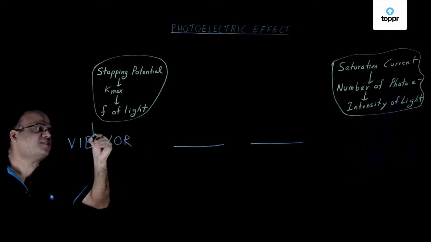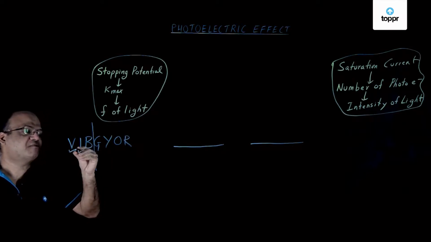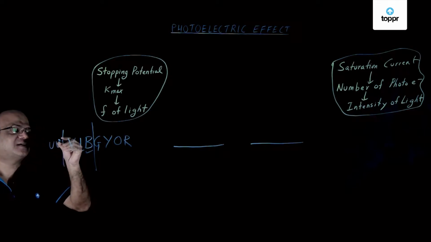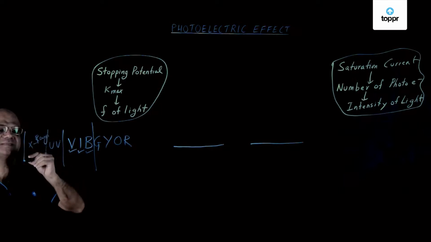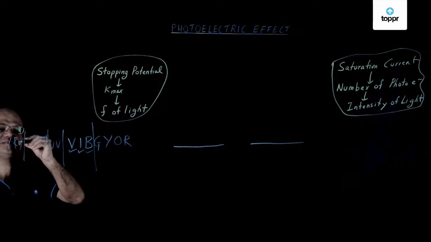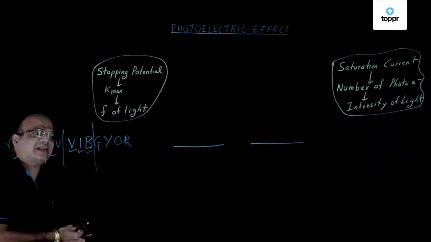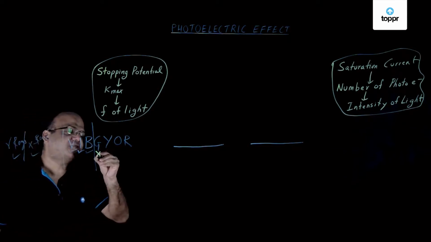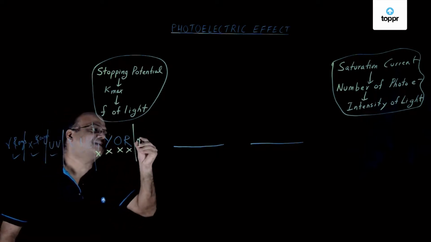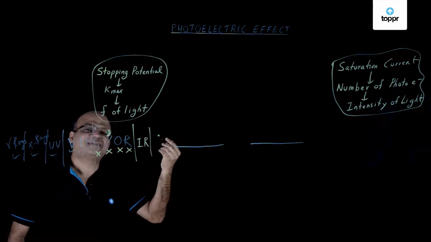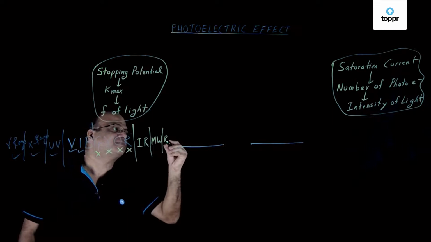That means it is photosensitive for blue. Then it is photosensitive for indigo, violet, ultraviolet, X-rays, gamma rays, all of it. If it is not photosensitive for green light, then it will not be photosensitive for yellow, orange, red light, infrared light, and after infrared, microwaves and radio waves.